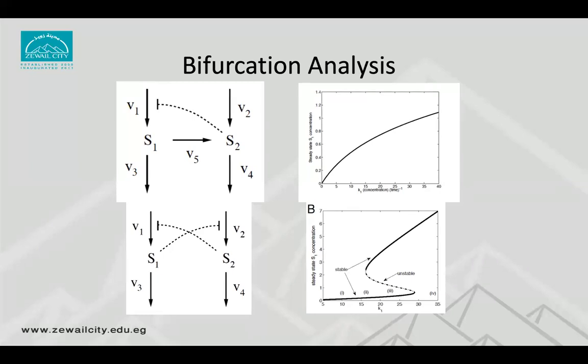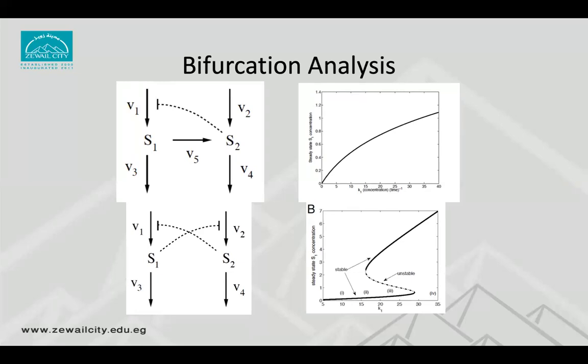So here's an example in which, depending on the value for the rates, we could either have this simple behavior, where we just have one single steady state for each initial condition, or we could have a region. Now we're plotting against K1, which is, I think, this rate.